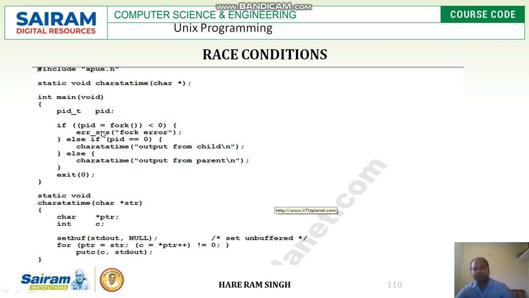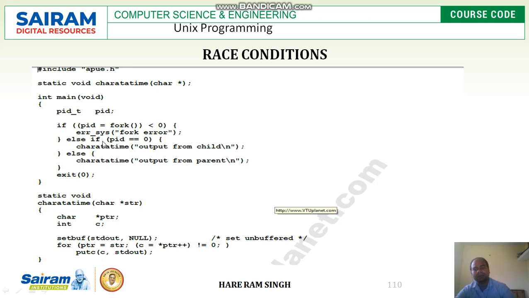As we know, fork returns two values. It gives 0 to the child process, and the process ID of the child process is given to the parent process.